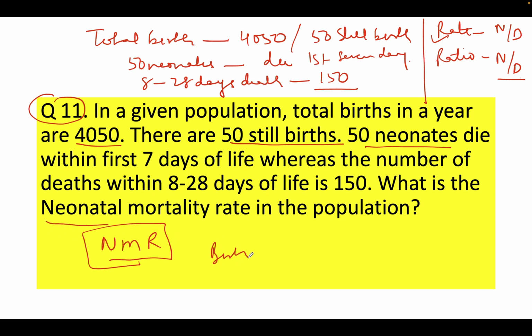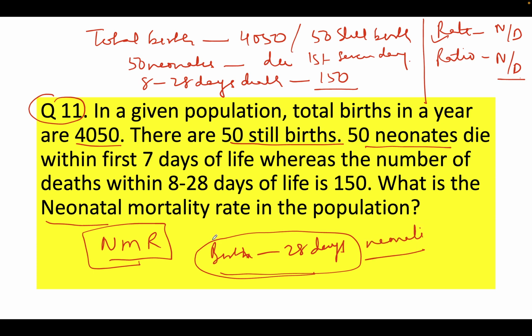From birth till 28 days is called neonate; in normal terms we say between birth and 1 month. 1 month means 4 weeks, which means 28 days. So how many neonates are dying? First we have to understand what neonatal mortality rate is and how it is calculated.